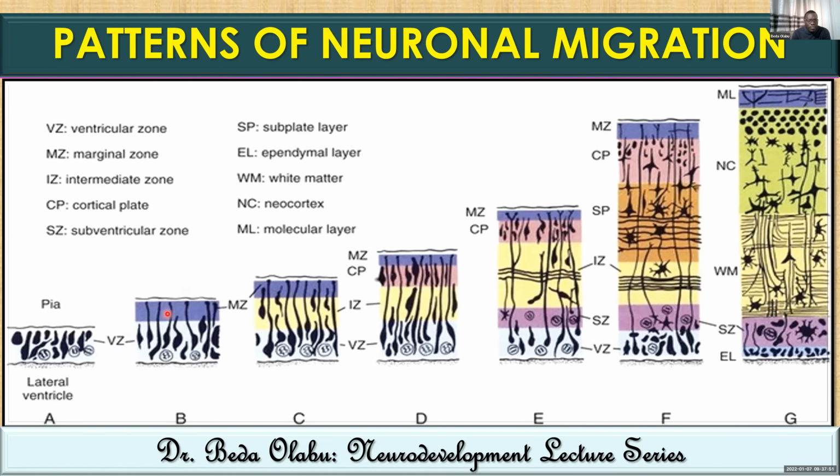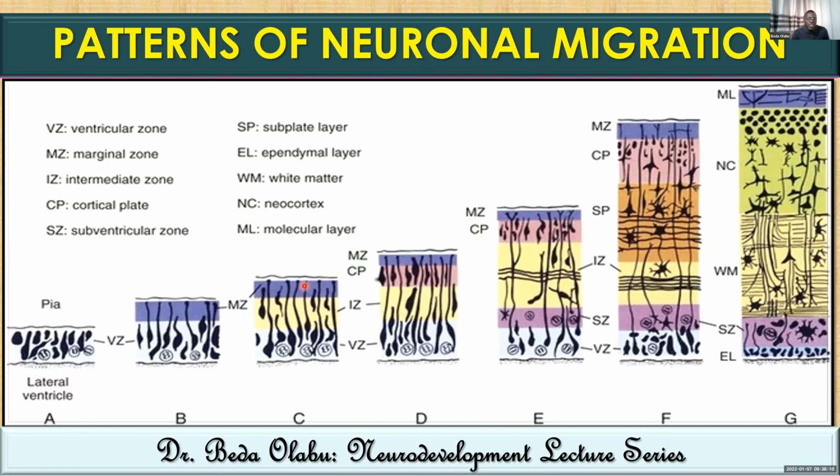Then the one labeled B is showing us some differentiation of the wall. So we have the ventricular zone already established. And then now we have the marginal zone also established in this particular second image.